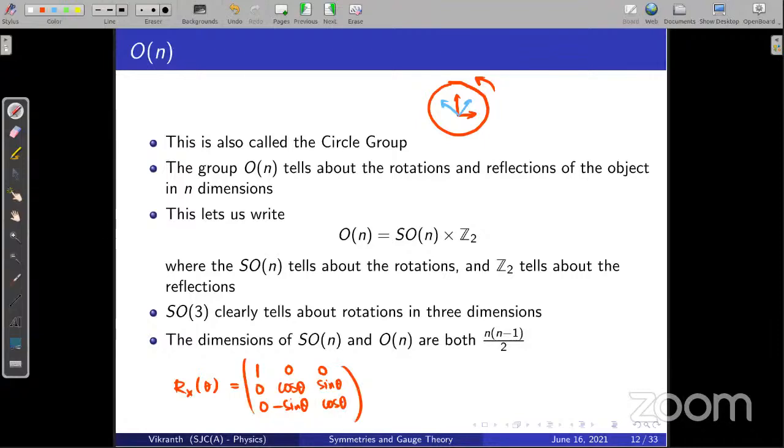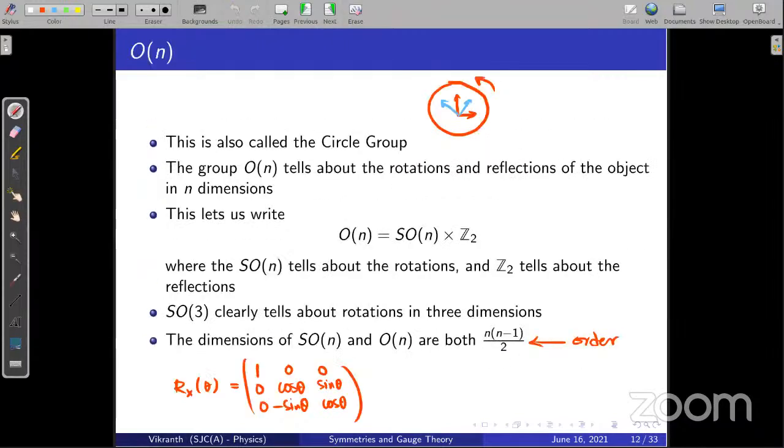And similarly, you have Ry and Rz, and you can rotate your vectors or whatever you have in your 3D space using these rotation operators. Now, the dimension, or the order, of the special orthogonal and the orthogonal group is given by n times n minus 1 over 2.